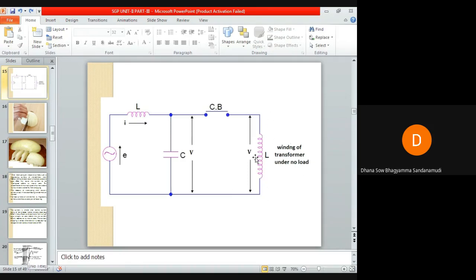Let us assume this is the winding of the unloaded transformer, and you want to disconnect this unloaded transformer from the supply. In order to disconnect the transformer, we are using a circuit breaker here.